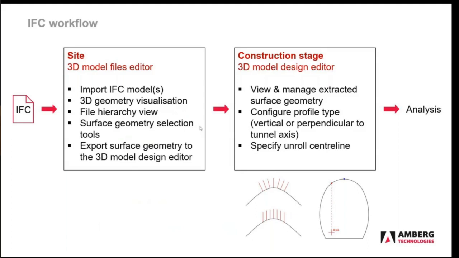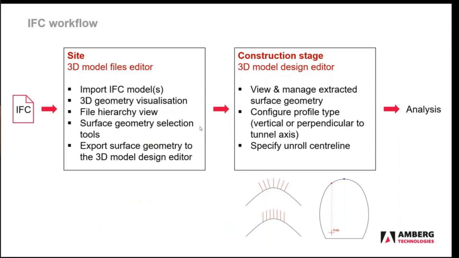So the idea is that in an ideal world, the IFC file is going to contain a lot of irrelevant information, and you want to extract the tunnel surface information. So we have a number of tools for you to interact with the model: select, deselect, hide, unhide, and so on. And then ultimately you're going to export the relevant information from this 3D model files editor into the construction stage.